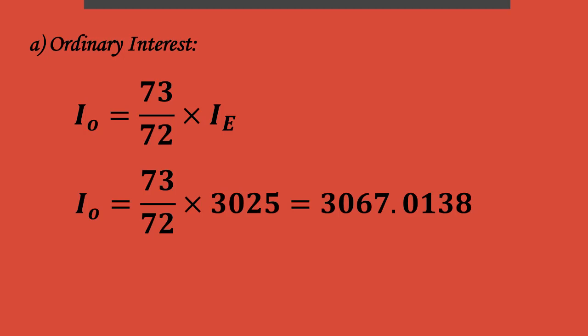So we can get I ordinary by using the formula I ordinary equals 73 over 72 times I exact. By substituting in this formula, we get I ordinary equal to 3,067.0138.